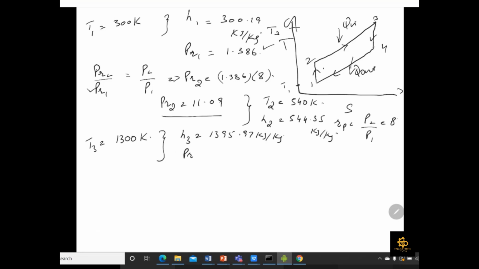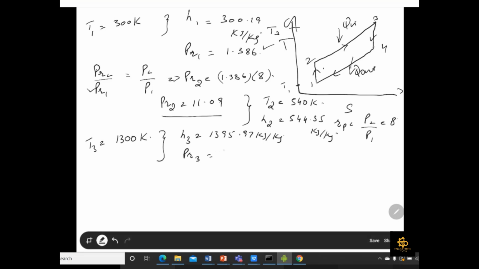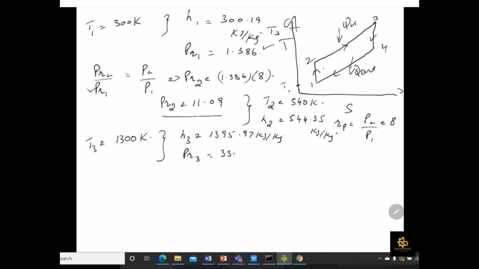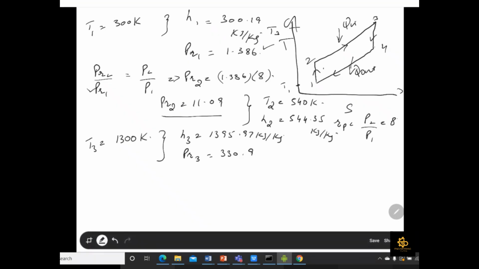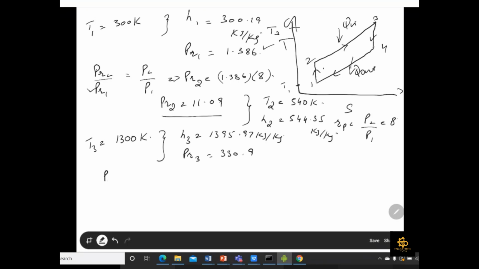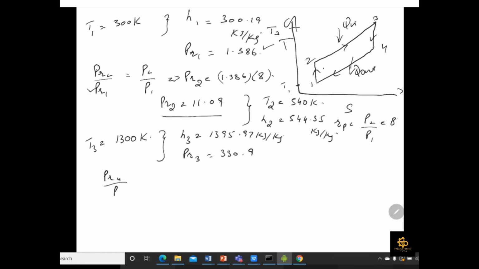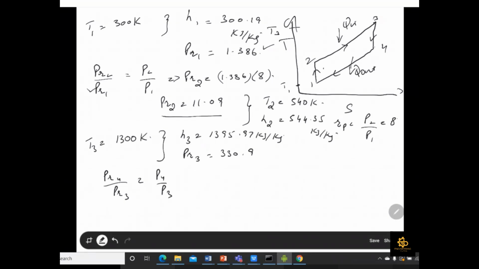Similarly, we also have to find another parameter, which is the relative pressure at point number 3, which is equal to 330.9. And from here we can say that for your isentropic process between 3 and 4, it will be PR4 over PR3 is equal to P4 over P3, because we have to find the value of T4.